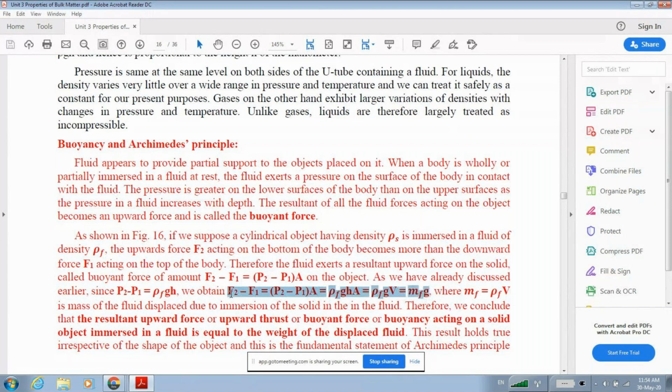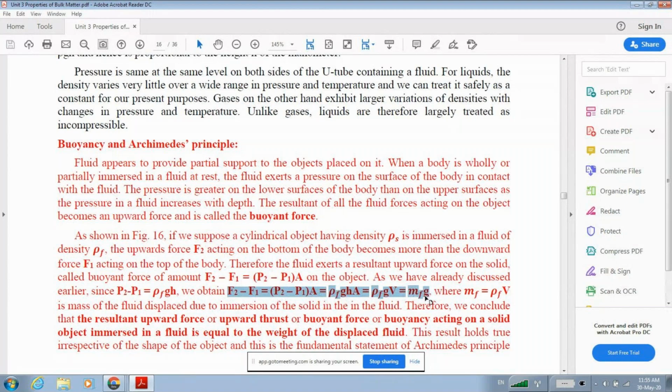So when we immerse some solid object into the liquid, the solid will experience an upward force. How much upward thrust it experiences, that upward thrust is called the buoyant force, and this buoyant force is given by F2 minus F1 equal to P2 minus P1 into A equal to mf into G, where mf is the mass of the displaced fluid and mfg is the weight of the displaced fluid.